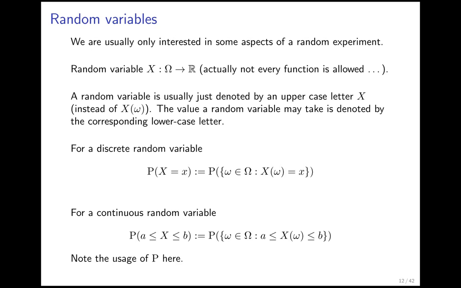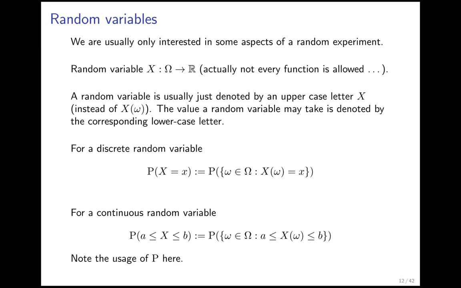Now, there's a little remark here. Actually, not every function is allowed. And the reasons for this are hard to explain. The reasons lie in measure theory. And my guess is that if you've never heard of measure theory before, you're not going to be able to write down a function that is not allowed within half an hour.